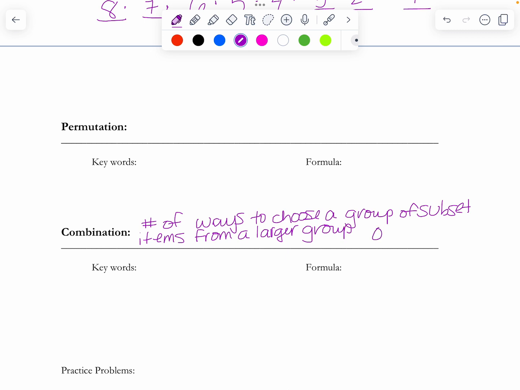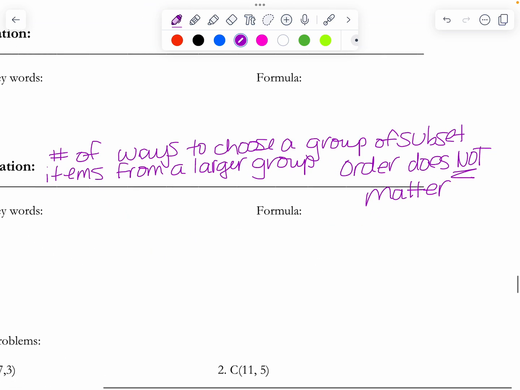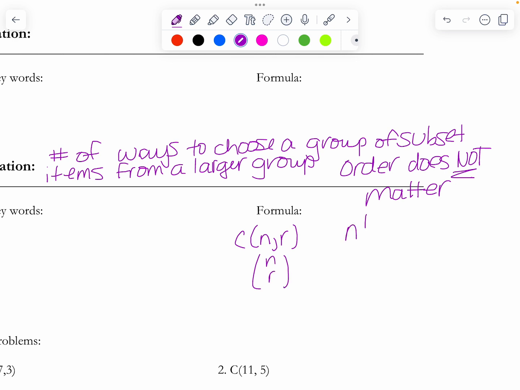And order does not matter. So we know that our formula, we learned this the other day, the combination of n choose r. We could also see it in vertical form, is n factorial over r factorial times n minus r factorial.